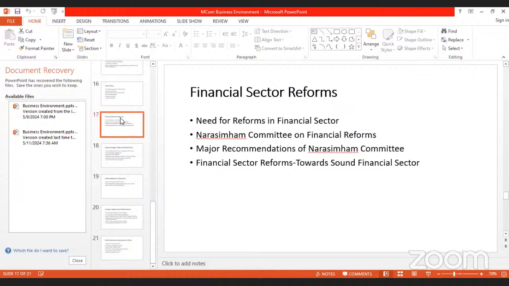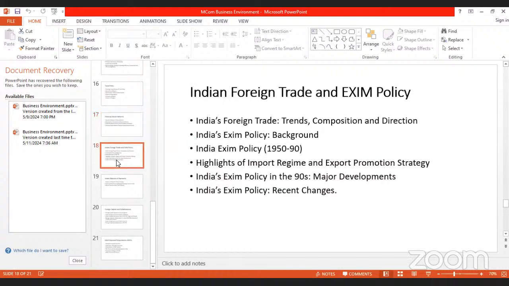Now, the next unit to be covered is Indian foreign trade and EXIM policy. So, under Indian foreign trade, trends, compositions, and directions need to be studied.